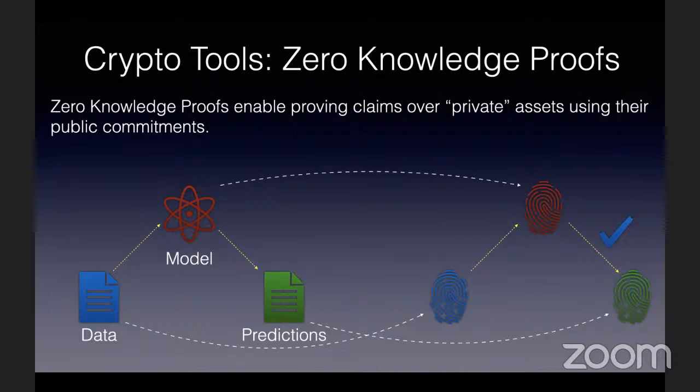Now the question is, can I verify the same claim, that this prediction corresponding to this hash was obtained by running the model corresponding to this hash on data corresponding to the blue hash? Zero knowledge proof will precisely enable us to solve this problem. So now we can simply verify this relationship over these hashes.